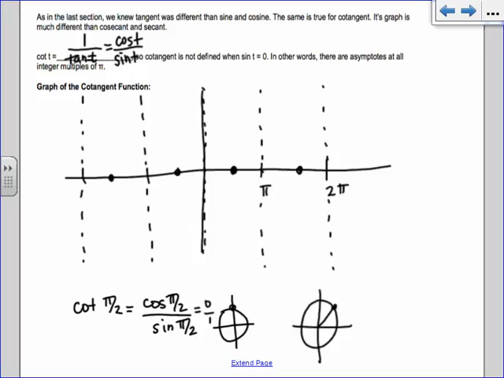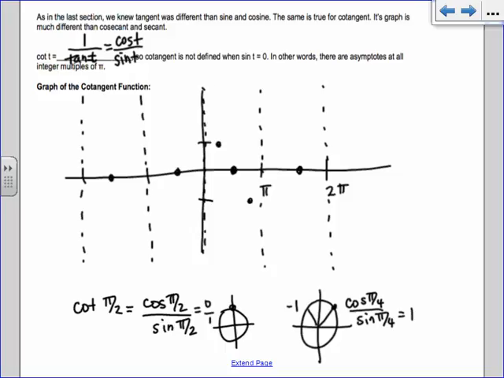So if I'm at pi over 4, if I do cosine of pi over 4 over sine of pi over 4, I get 1. But pi over 4 is over here now. Okay? And then same thing for 3 pi over 4. If I do that, cosine over sine, I get negative 1.